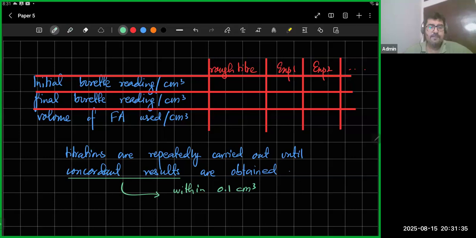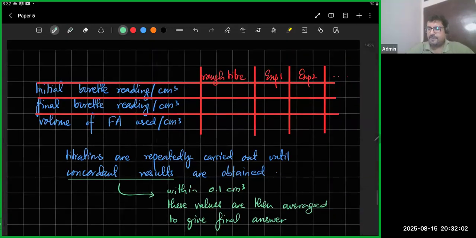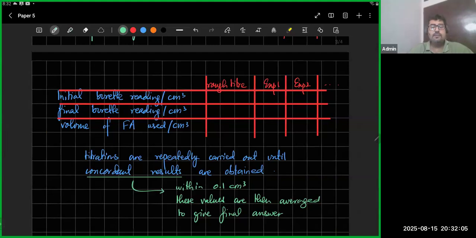They have a difference of 0.1. And these are used to calculate average results to give the final answer. There are a lot of things to do with this, but you already pretty much know about this.